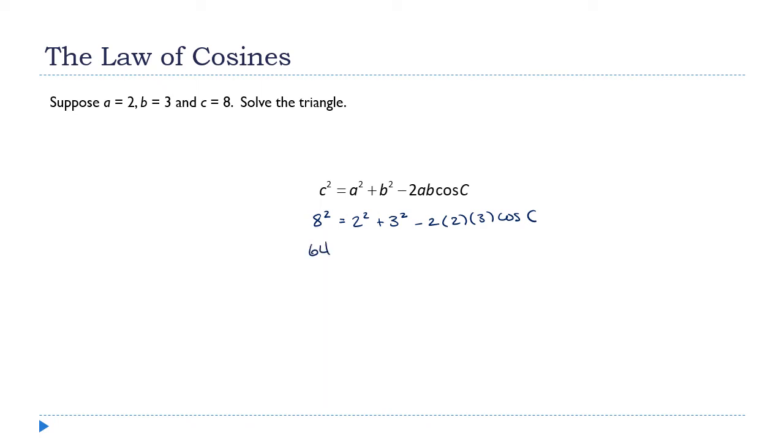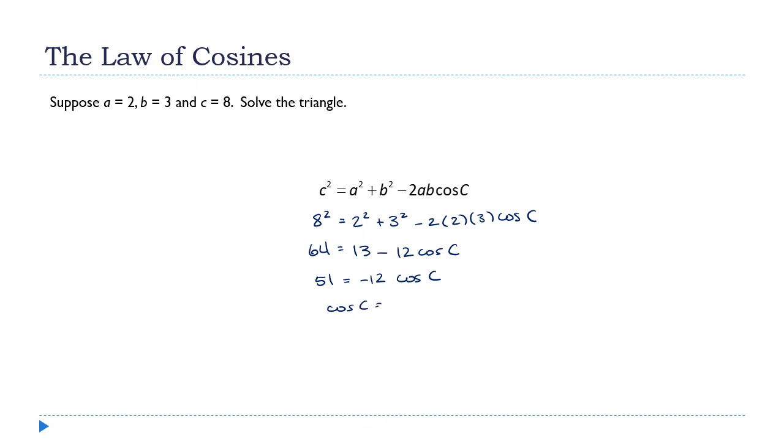This is 64 equals 4 plus 9, that's 13, minus 12 cosine of C. Subtract 13, 51 equals negative 12 cosine of C, and then divide by negative 12.